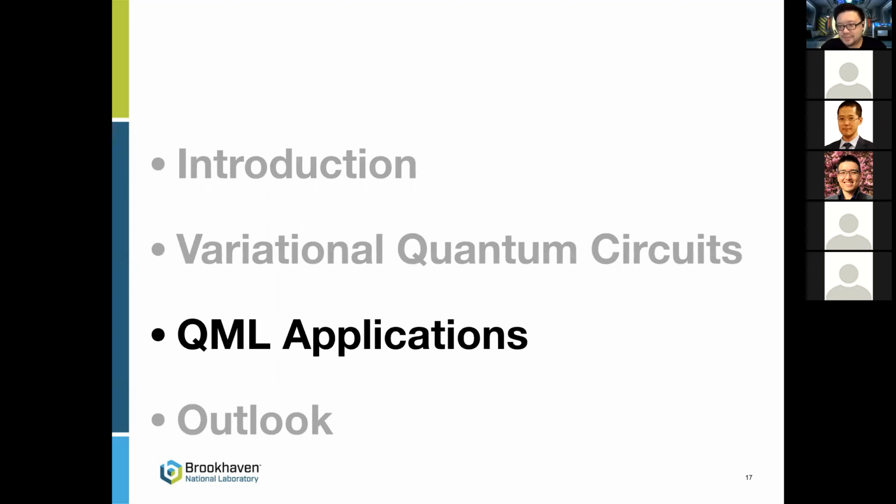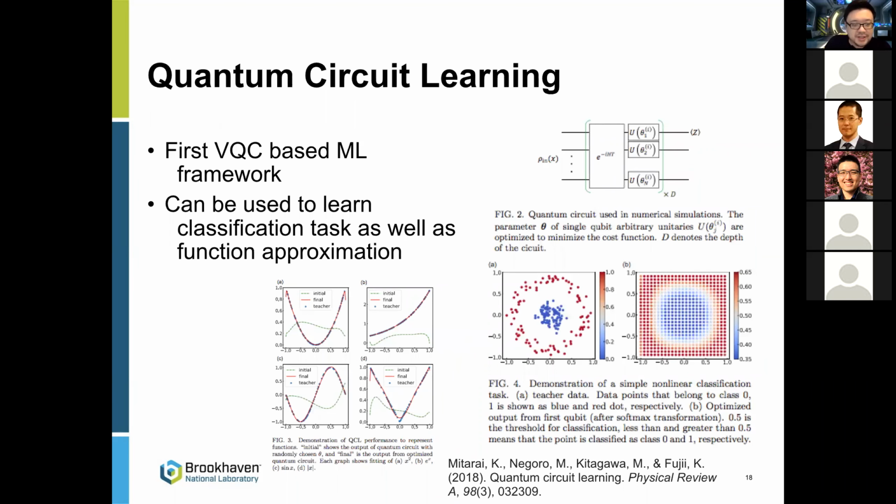After having this powerful method, we can look into some applications. The first, the most famous one, and I think the first variational quantum circuit-based work, is this paper, the Quantum Circuit Learning framework, from the Mitarai group.